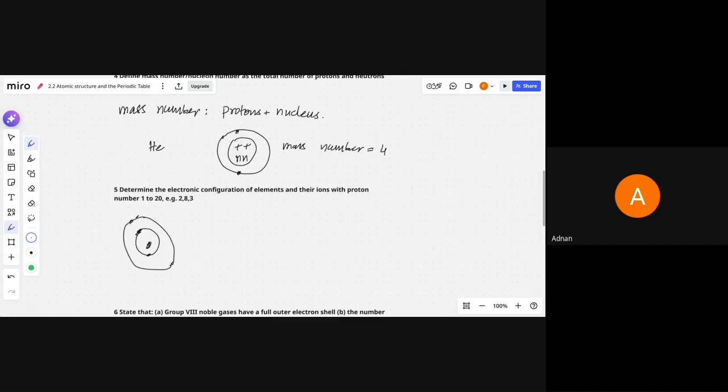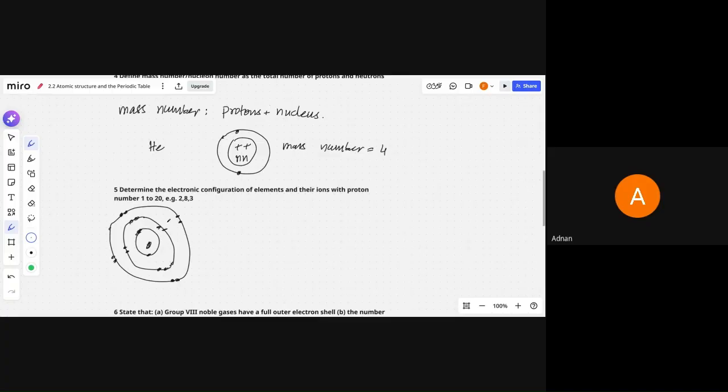In the third shell, we can also have 8 electrons. We cannot have more than 8 electrons in the third shell, just like in the second shell.